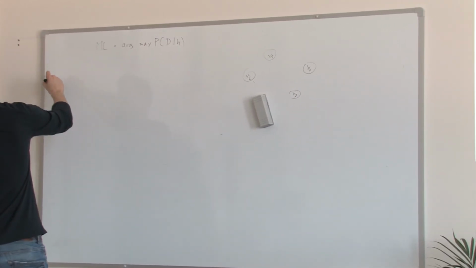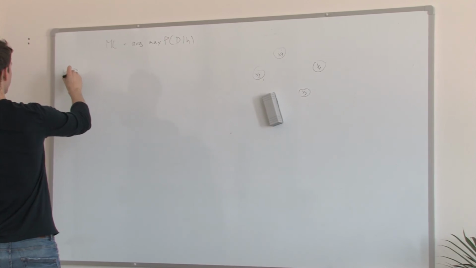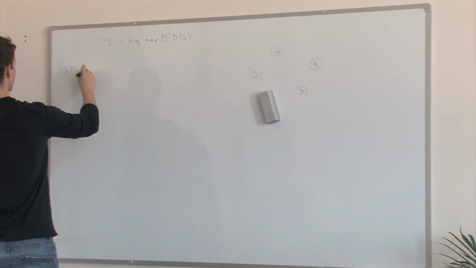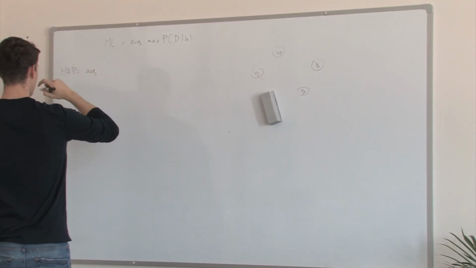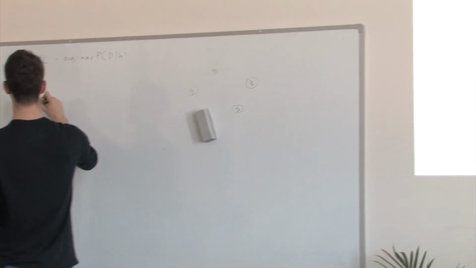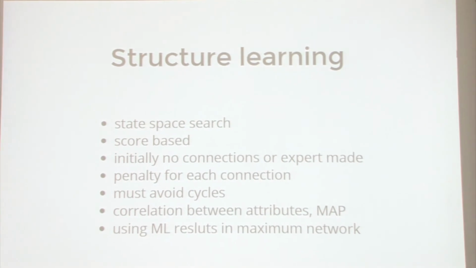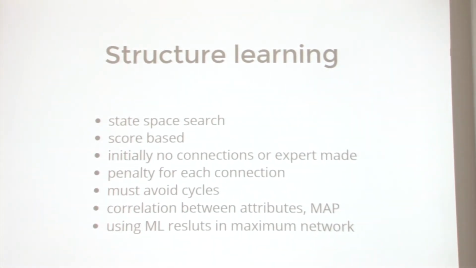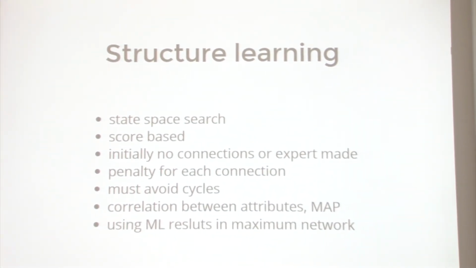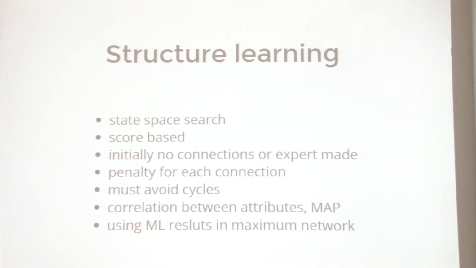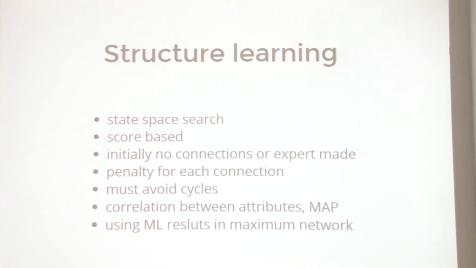So what does it mean? Maximum a posteriori probability means finding the hypothesis that is most likely given the data that you have.